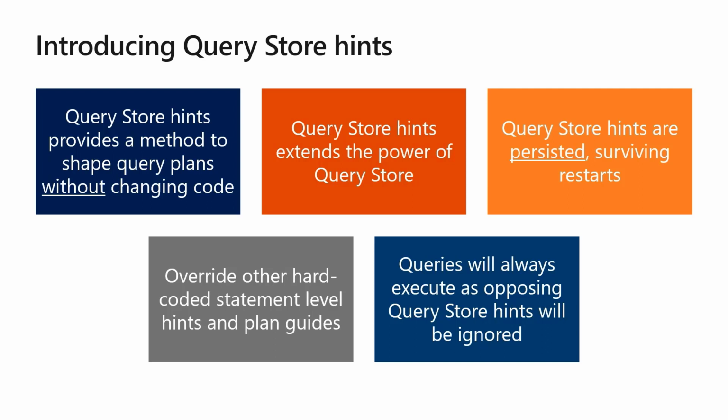For example, one thing to know is that the recompile hint is not compatible with force parameterization set at the database level, but this does not cause the query to fail. If the database has force parameterization set and the recompile hint is part of the hint string set in Query Store for a query, SQL Server will ignore the recompile hint and will apply any other hints as they are leveraged.